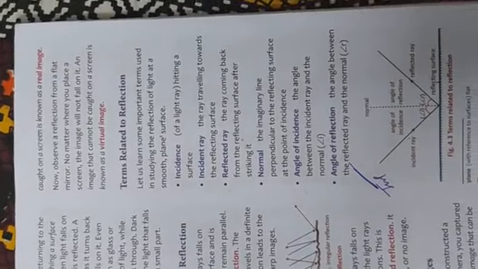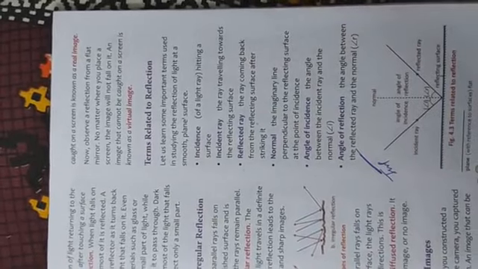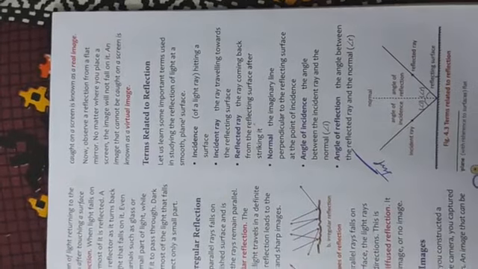So, now we have to take different terms related to reflection. Number one is incident. What is incident? Incident means hitting a surface, and the ray that travels towards the reflecting surface is called what? Incident ray. And reflected ray means the light ray which comes back from the reflecting surface after striking is called the reflected ray.